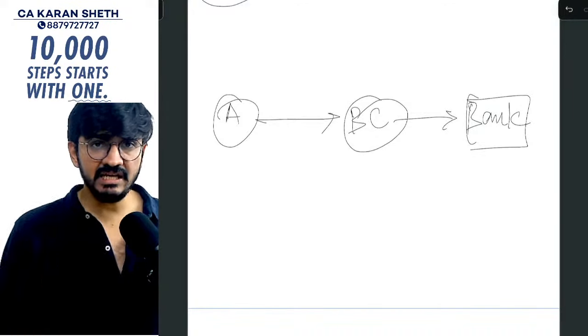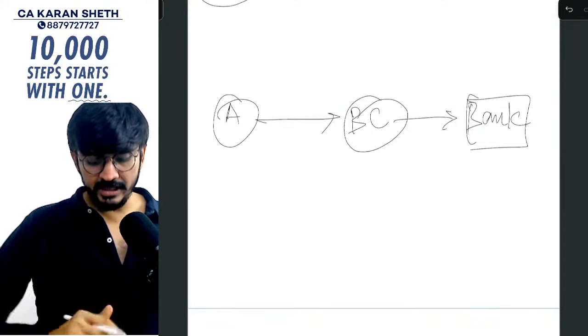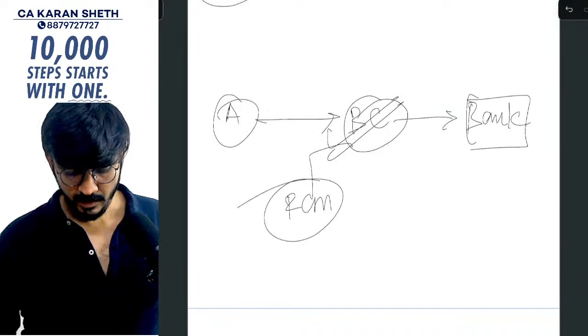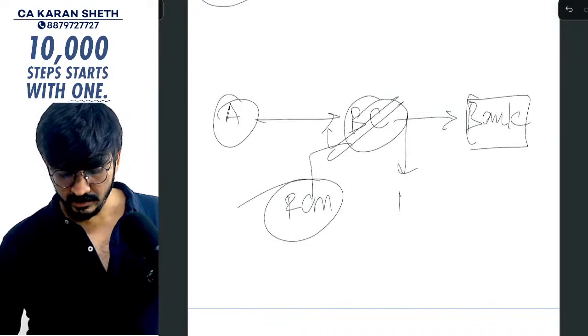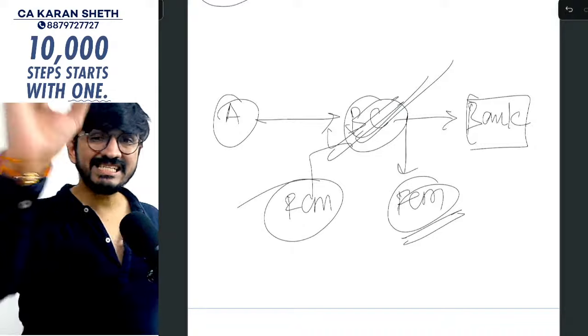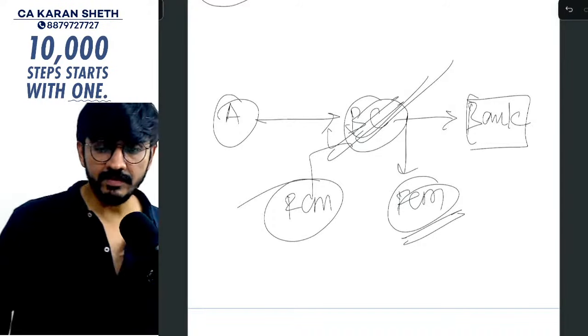BC is senior and senior takes all the responsibility in the organization. So agent and BC, who will pay tax? BC as per RCM. And BC to bank, who will pay tax? BC, FCM. Is that very clear, my dear friends?